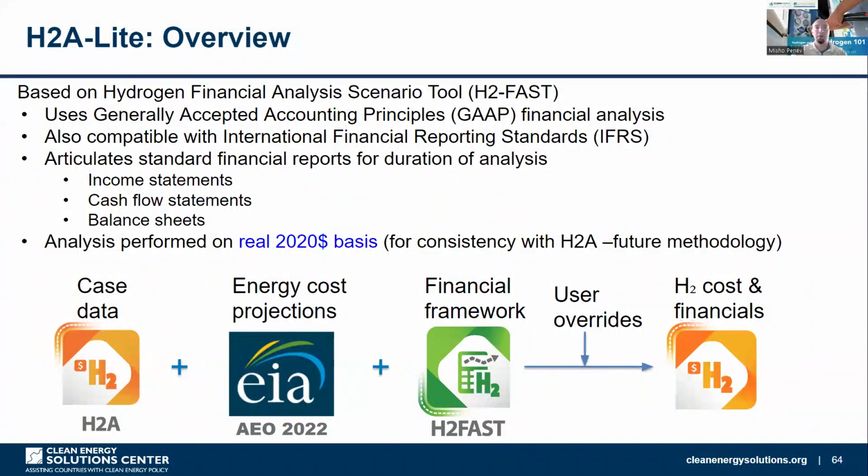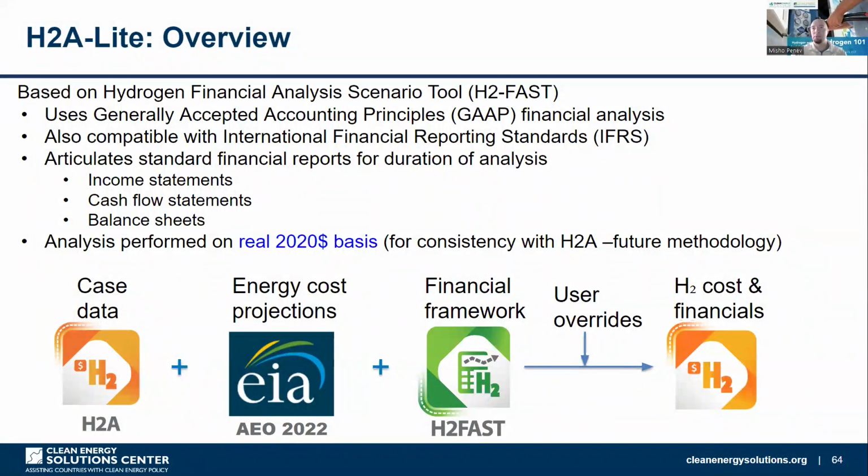So the model itself has a full database of the H2A cases. It has US-based projections for cost of electricity and cost of the various feedstocks. It uses the financial framework I just discussed, and it allows user overrides.